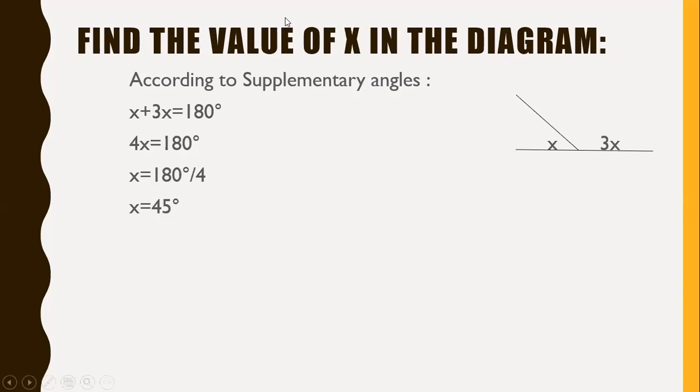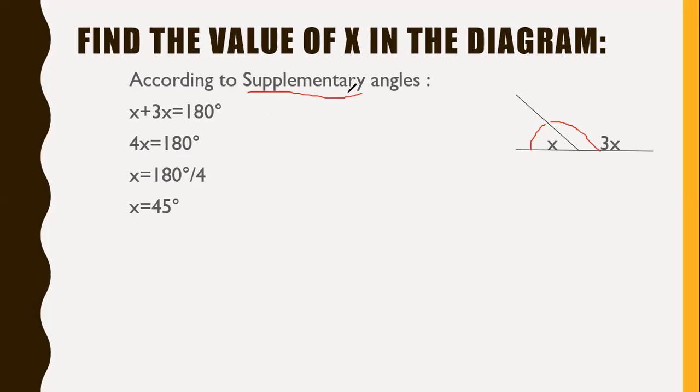From the diagram, it is very clear that these two angles, if I add these two angles, the sum gives us 180 degrees. When two angles give the sum of 180 degrees, these two angles are called supplementary angles.